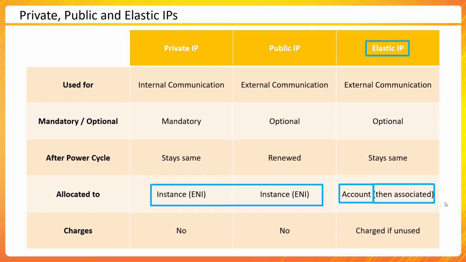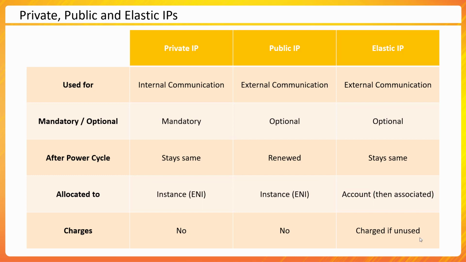That's how the allocation would work. Charges: private IP, no charges. Public IP, no charges for IP addresses. But elastic IP will be chargeable if it remains unused or if you use more than one elastic IP on your instances.